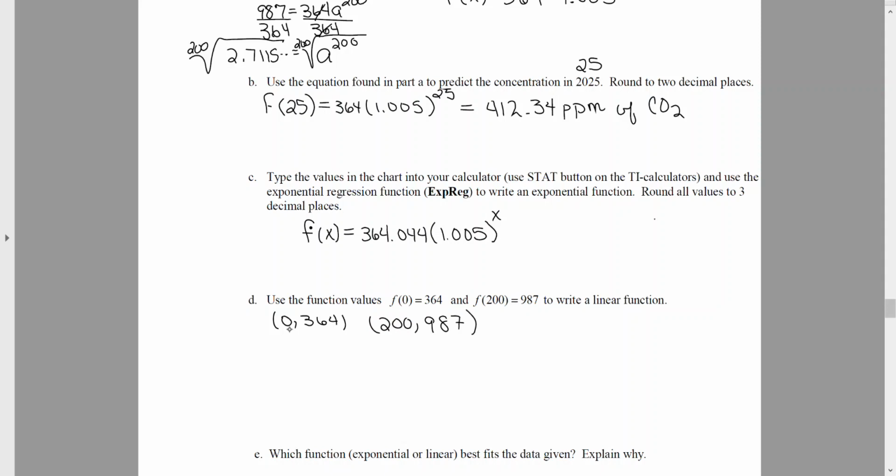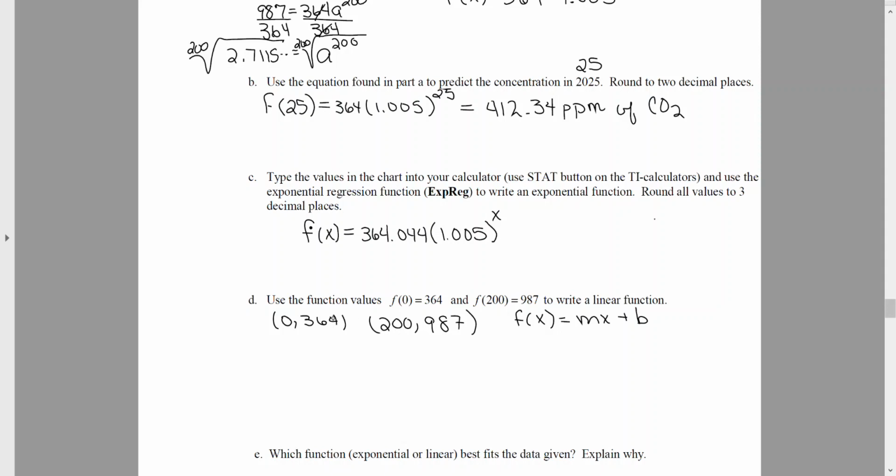So that's just a fancy way of saying in the year 2000 it was 364 parts per million of carbon dioxide. In the year 2200 it was 987 parts per million of carbon dioxide. That's just another way of writing those 2 points. Write a linear function, which means this is what I'm looking for. F of x equals mx plus b.